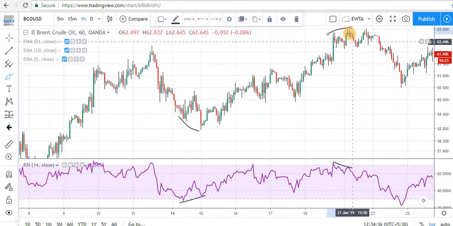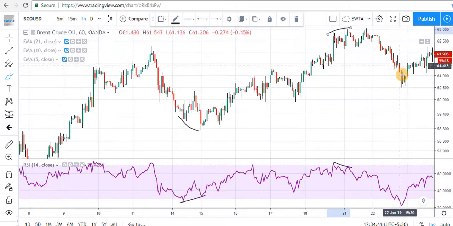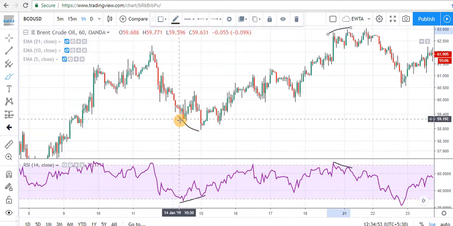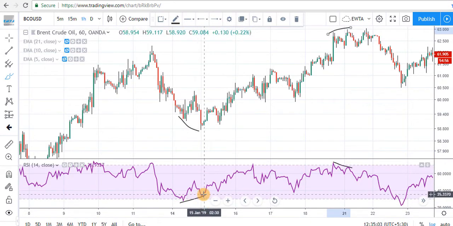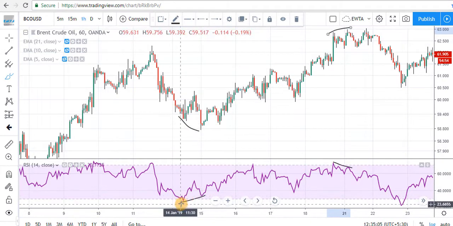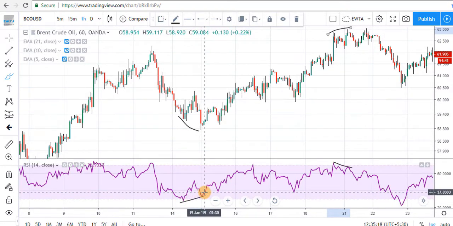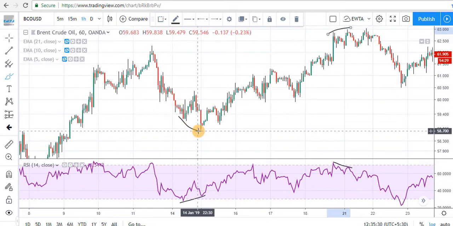After that, you can see that prices are consolidating here for some time and then we can see a retracement in the price. So when the troughs of the price and troughs of RSI are not in agreement, and troughs of RSI or the other indicator that we use, like MACD, stochastic, Chaikin oscillator, are going in an upward direction, this is called bullish divergence and it signals that this downtrend may end now.